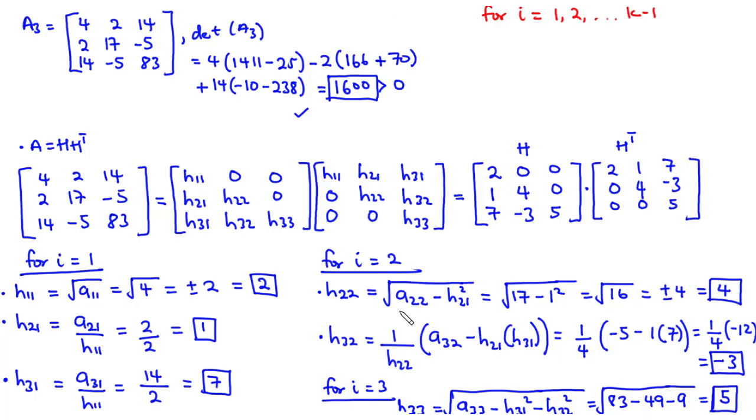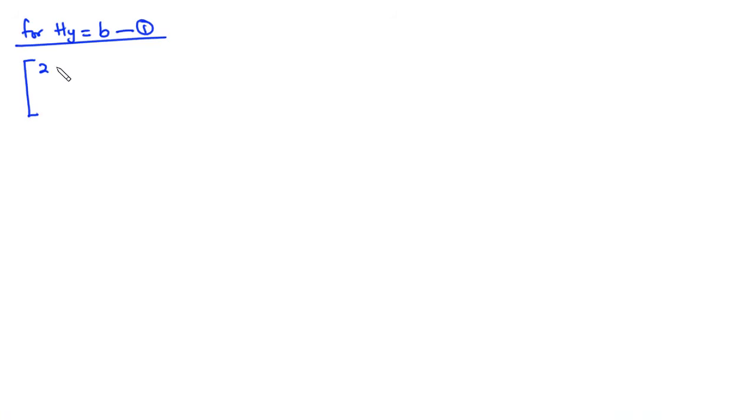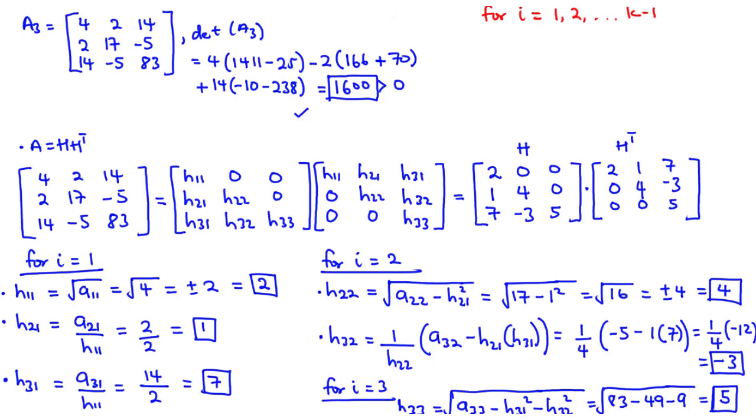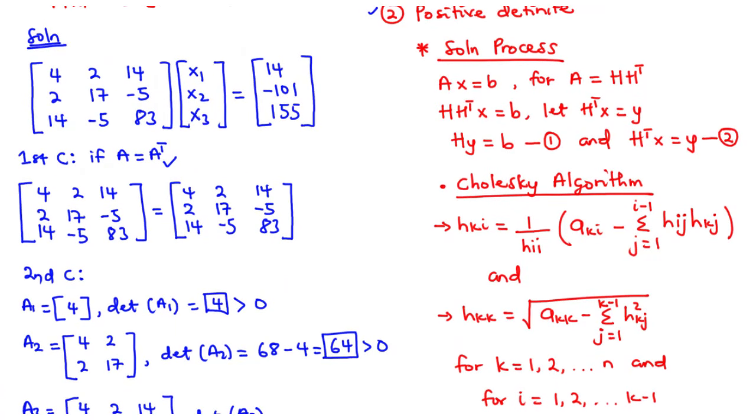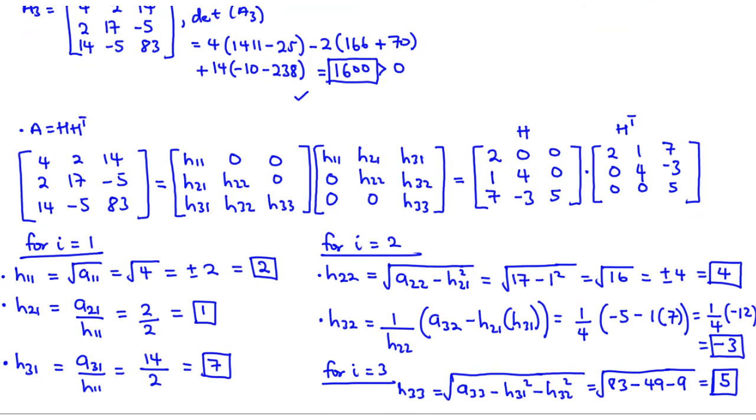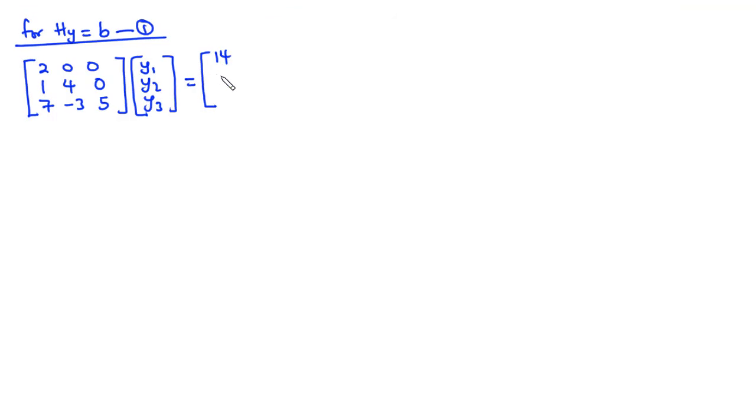So for Hy equals B, that is equation 1. For H, we have the elements [2 0 0; 1 4 0; 7 -3 5] times [y1 y2 y3], and that is equal to B, the constant matrix, which is [14; -101; 155].